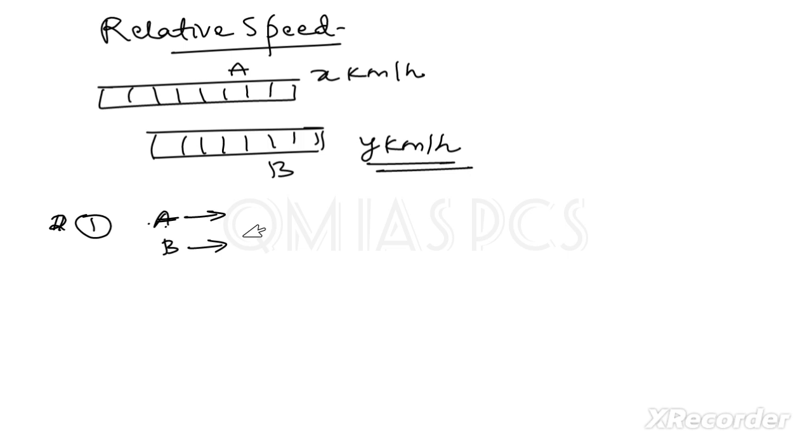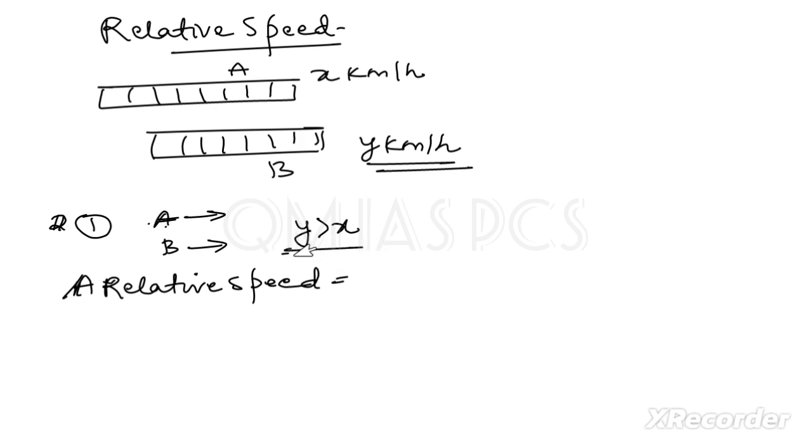In that case the relative speed gets subtracted. If y is greater than x, the relative speed will be y minus x kilometer per hour.